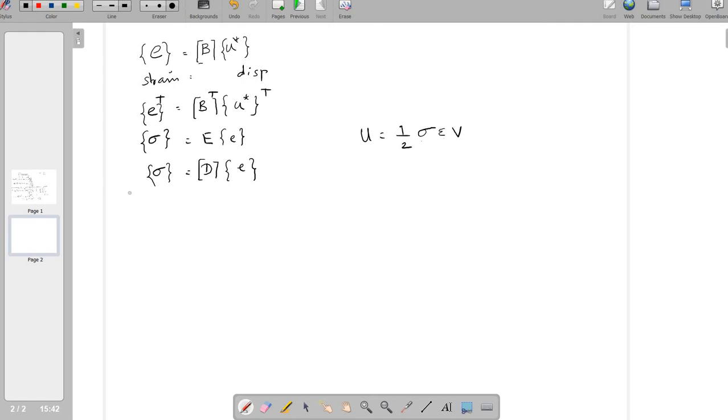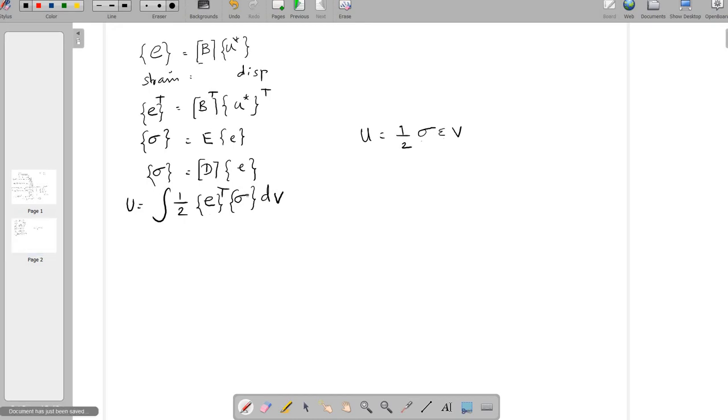So in the same format we are going to make to the whole area, so that integration half into the strain E transpose multiplying with the sigma multiplying with the volume. Sigma is the stress, E is the strain.